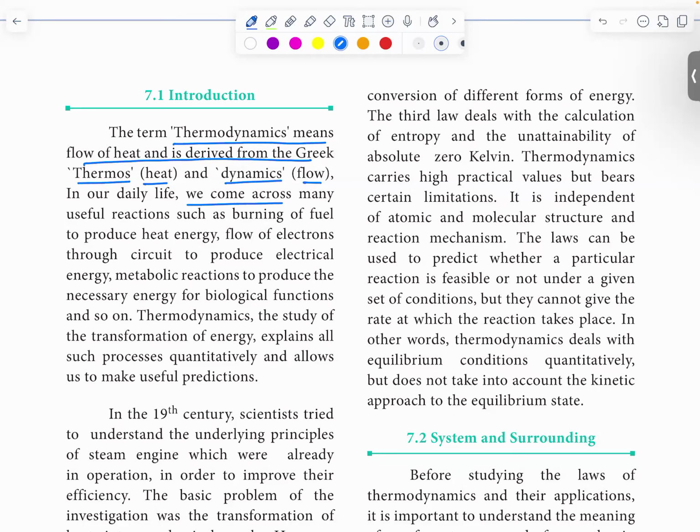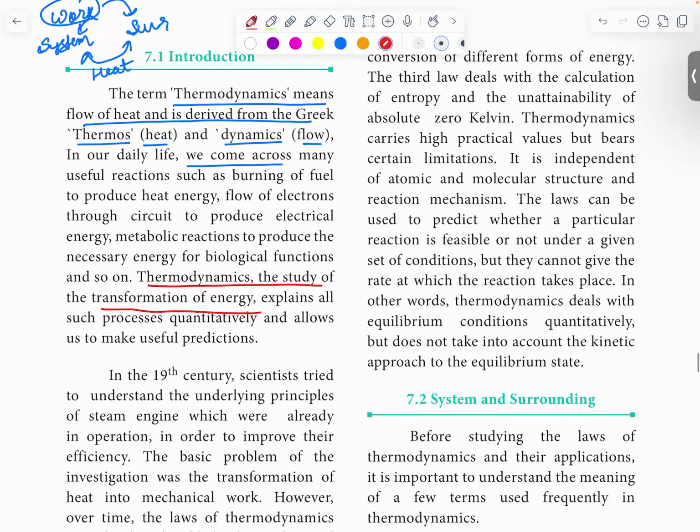You can give different perspectives regarding the thermodynamics chapter, but you have to remember that it is an interaction between system and surrounding. They are interacting in terms of work, and in terms of heat as well. So it is very good to say that it is the study of the transformation of energy.